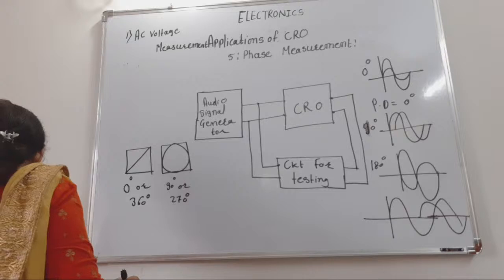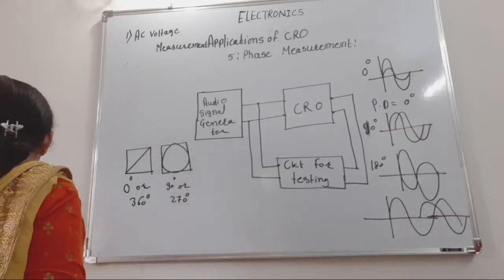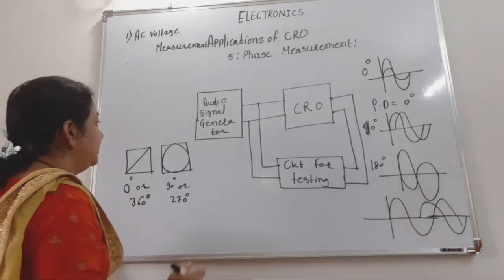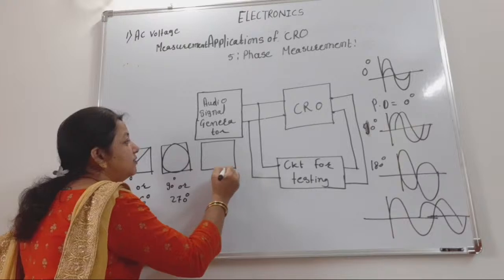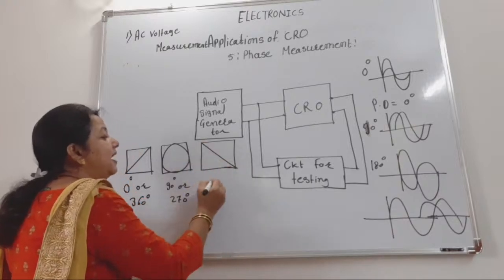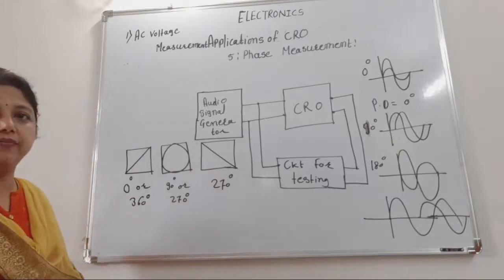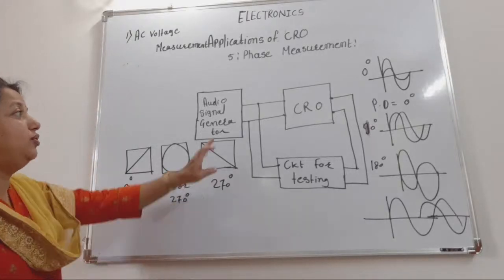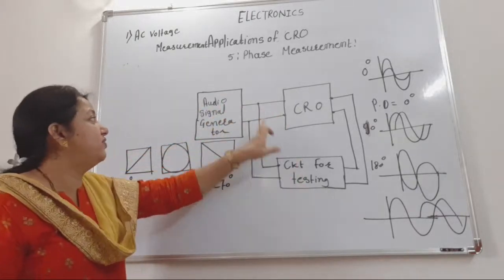Is it okay? Just I check. Yes, right. Either 90 degree or 270 degree. And if we get the pattern on the screen of CRO like this, at that time phase difference may be 180 degree.